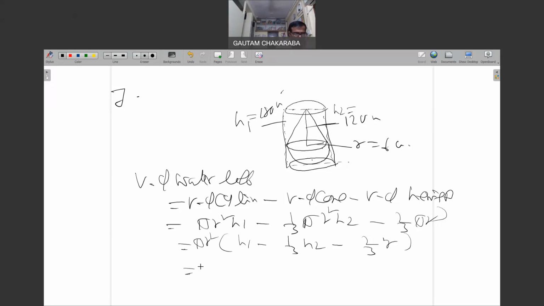Okay, pi 22 by 7 into r is 60 and H1 is 180 minus 1 by 3 of H2 is 120 minus 2 by 3 of r is 60.